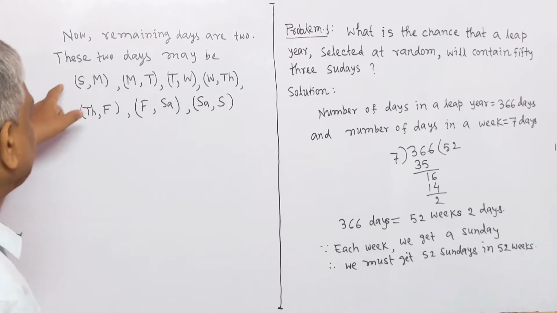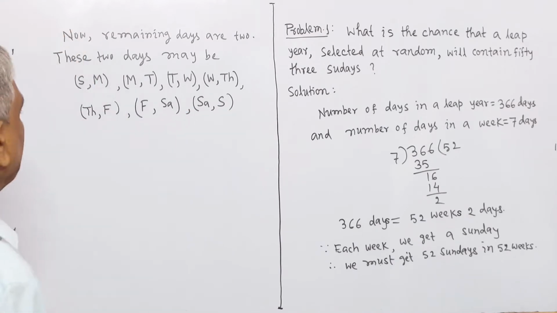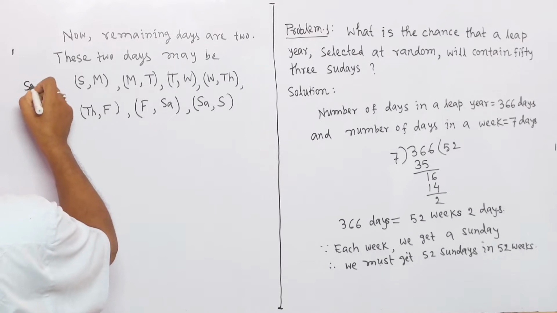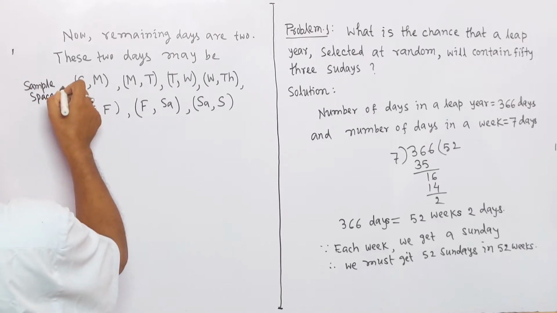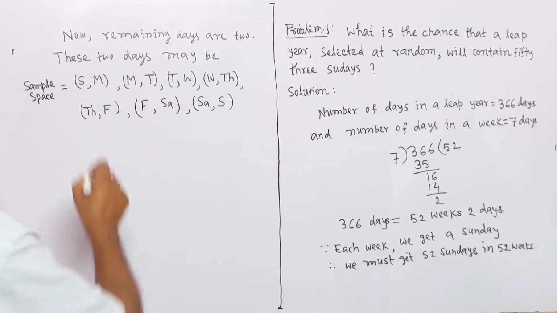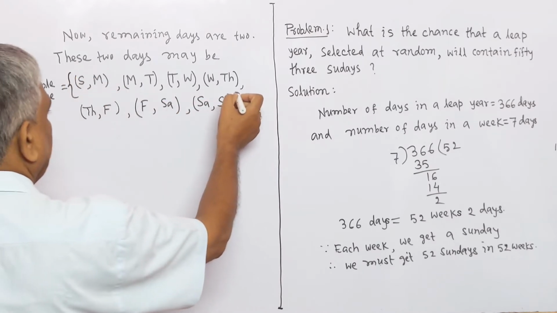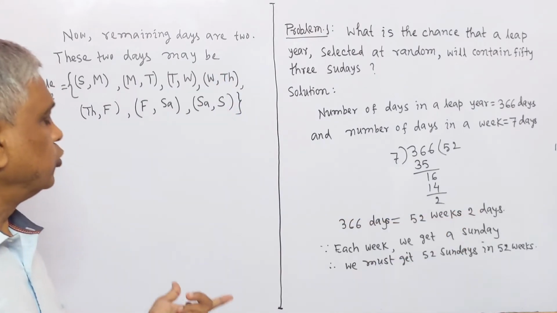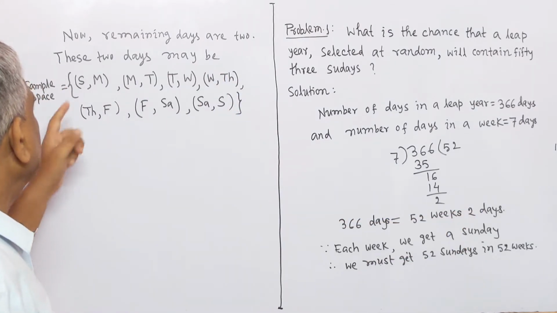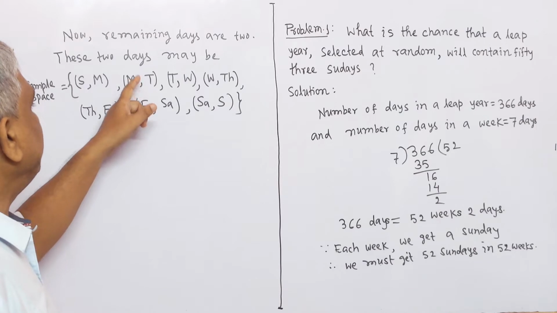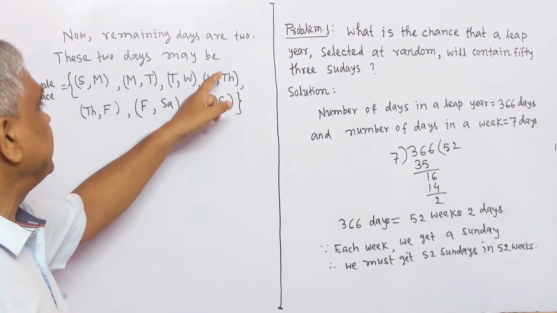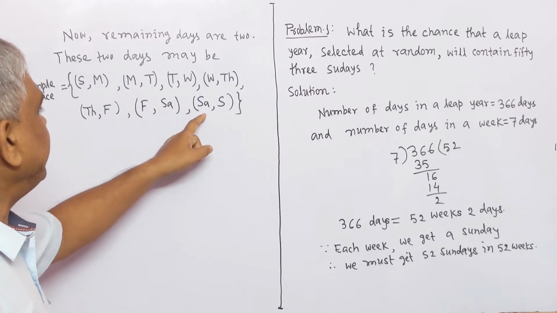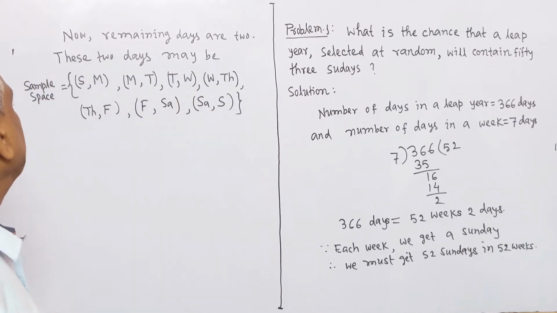If we collect these and make a set, that set will be the sample space. Sample space for 2 days to be Sunday, Monday, or Monday, Tuesday, or Tuesday, Wednesday, or Wednesday, Thursday, or Thursday, Friday, or Friday, Saturday, or Saturday, Sunday.